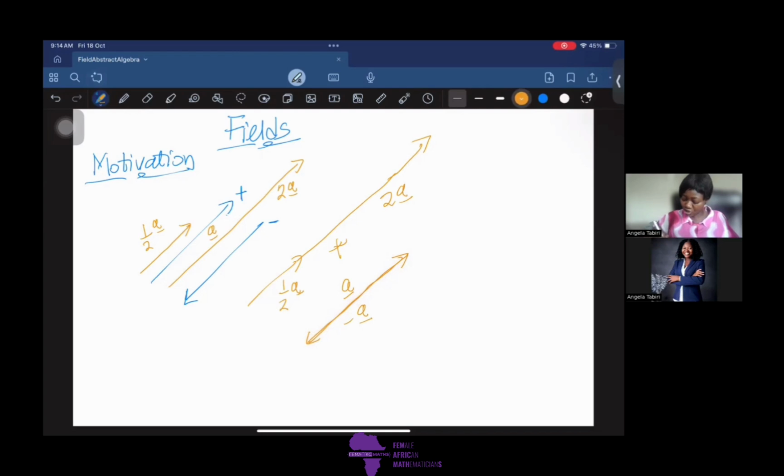So we want a notion of nothing, which we use the convention 0. So in these scalars, we want something that has to do with nothing. These properties all come together to give you what we call a field.